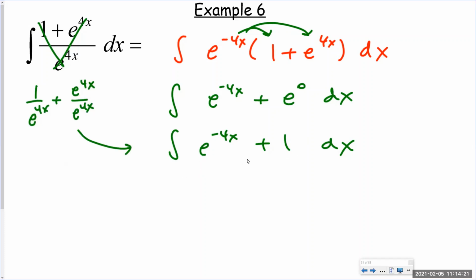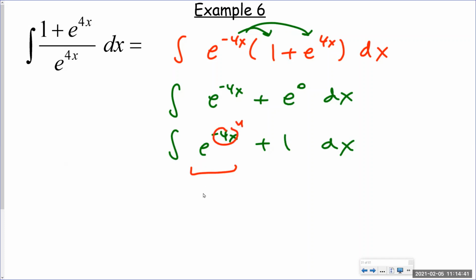All right, guys, you thought you got to do one problem, but check this out. Oh boy, you get to do 2. So this right here, what is the integral of e to the negative 4x? Close, that's the derivative. Guys, if I make this my u, then what's the integral of e to the u?